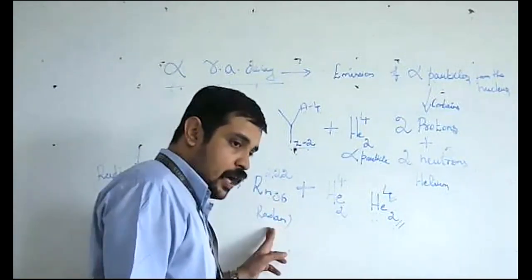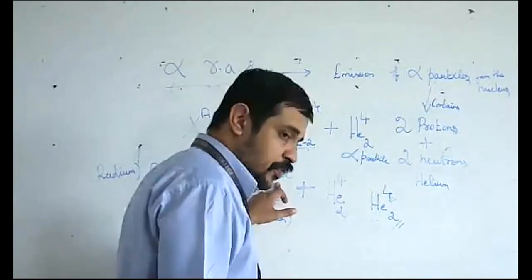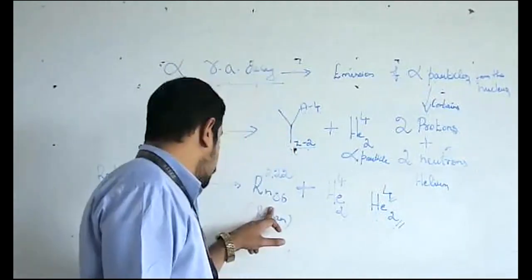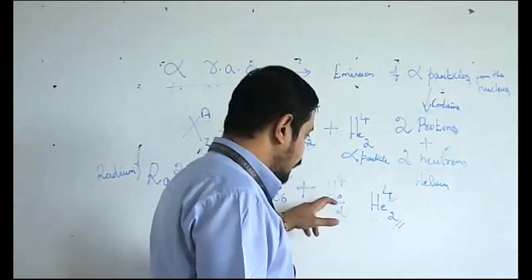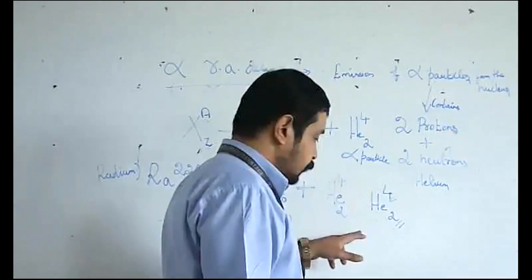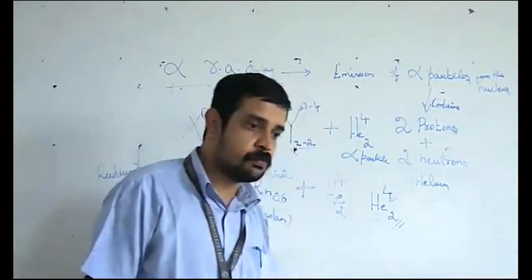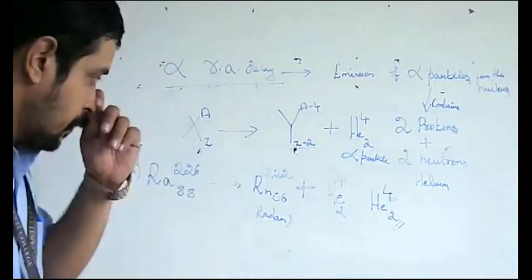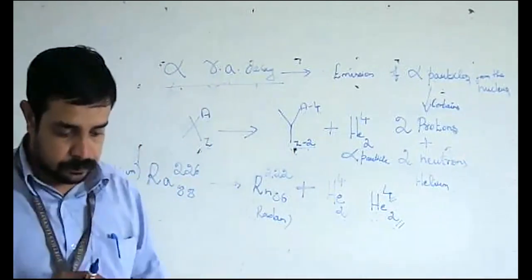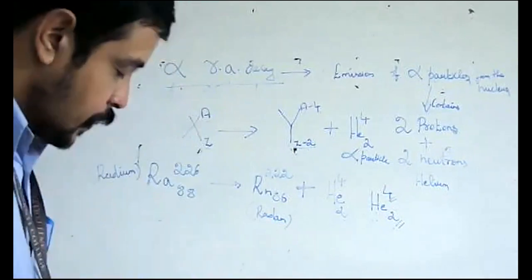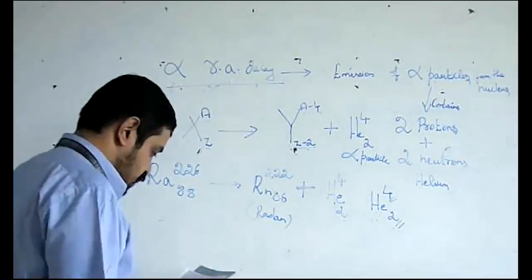It is changed to radon with mass number of 222, atomic number of 86, and alpha particle helium, 4 mass number, 2 atomic number. So this is an example of alpha radioactive decay. Okay? Now, listen.